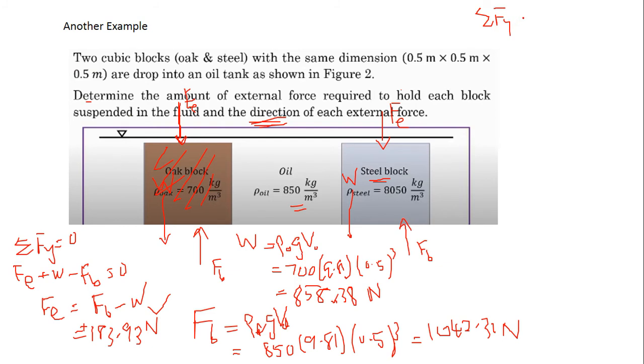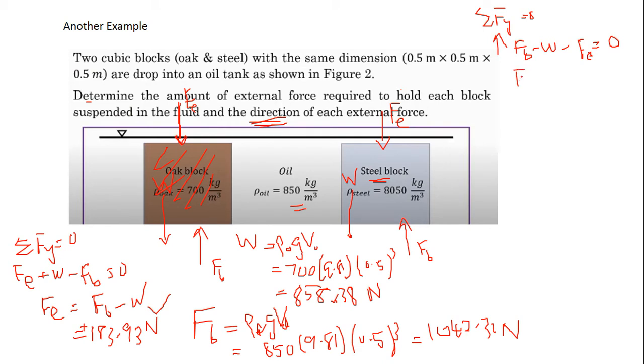Good. Upward positive. So we got FB minus W minus FE equal to 0.